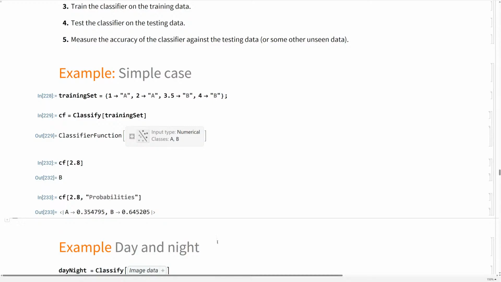And this time, the machine is not so sure about it. I will say the percentage of being A is about 35%, and the percentage of being in category B is 64% chance. So basically, machine learning in the end will still be probabilities, like how likely it will be on the distribution.